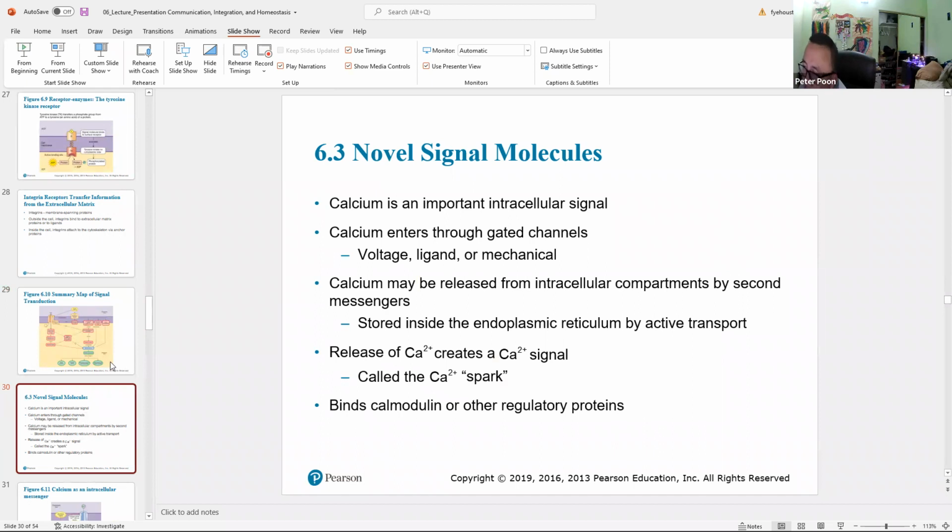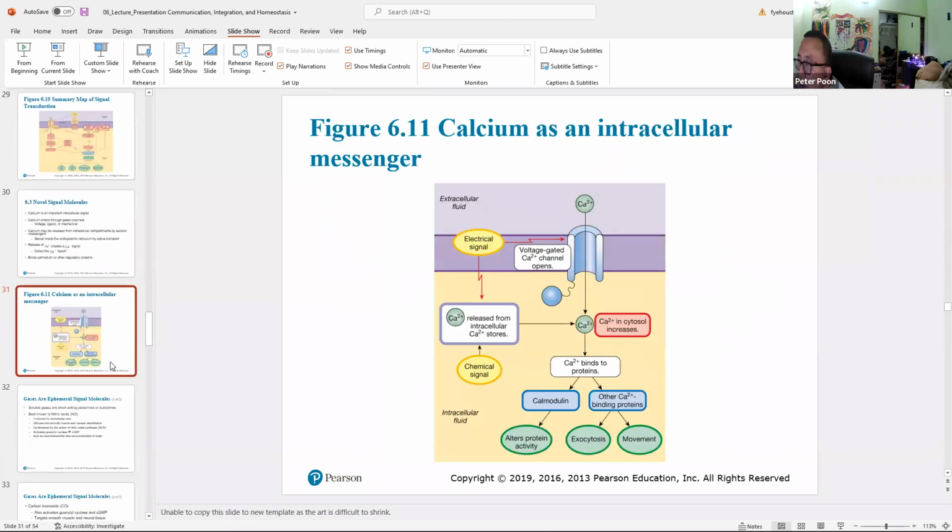So 6.3, novel receptors and novel signal molecules. Calcium is a very important intracellular messenger inside the cell. This is especially true in muscles and in nerves.